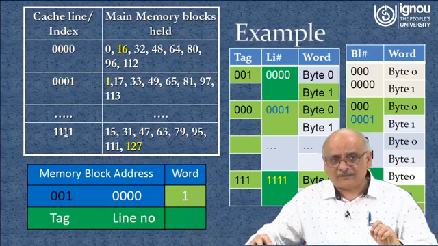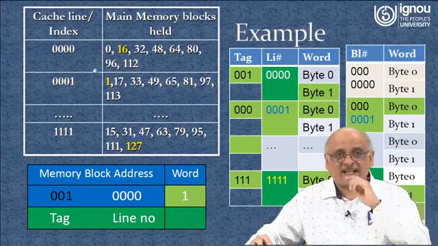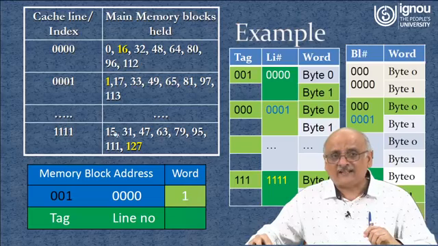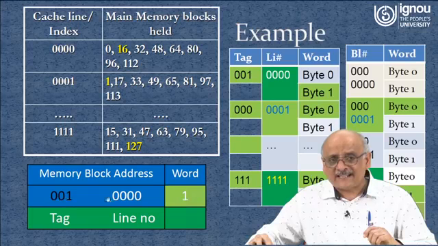So if I go simply, the memory address 0 will be coming to this particular address, 1 will be coming to this address, 15 will be coming to this, and the 16. Now this is 16 actually. So this will once again go to cache line 0, right? So how we will determine which is there? The tag number.